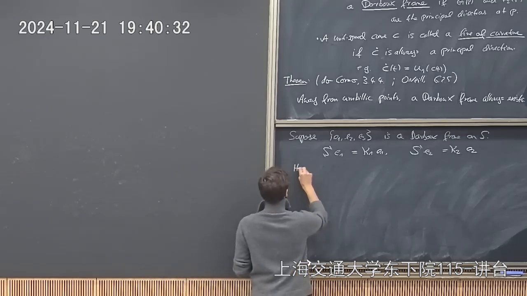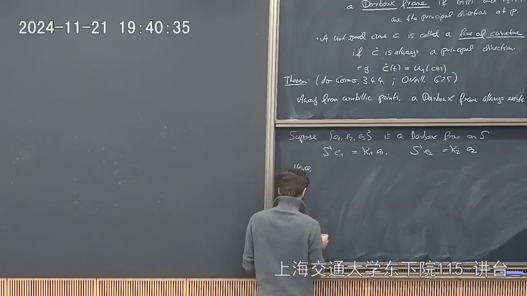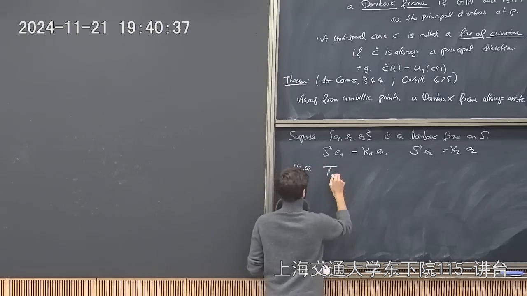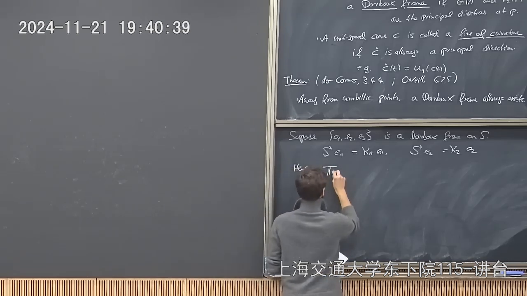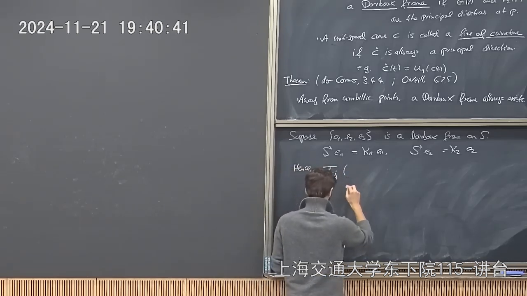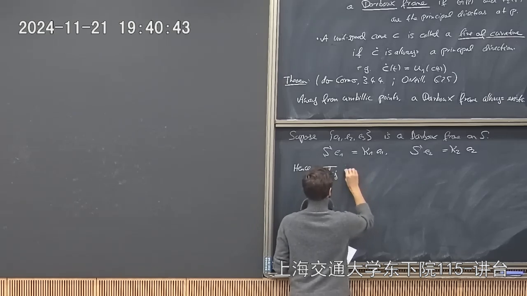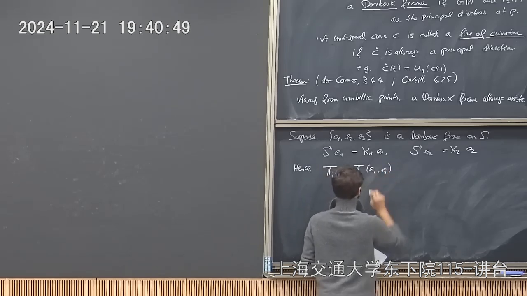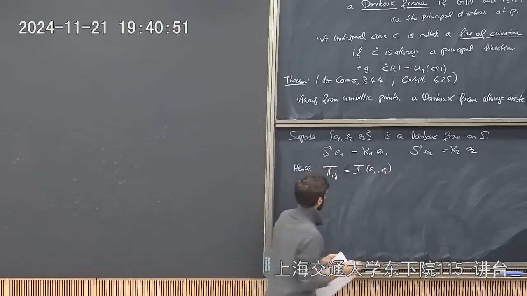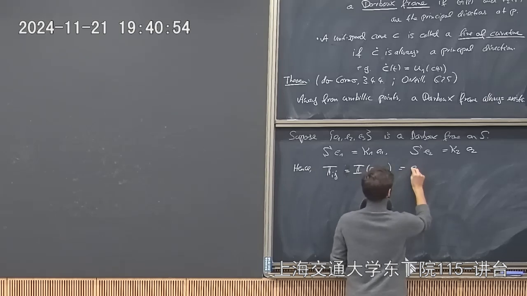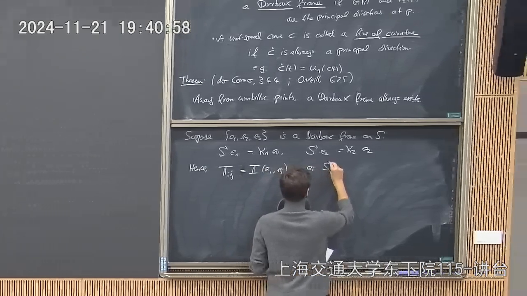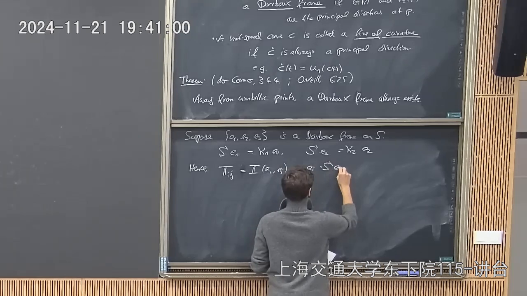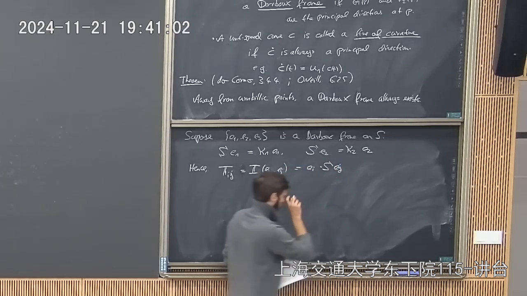So hence, if you calculate the fundamental matrix of the second fundamental form, so that's where we plug in Ei and Ej in the second form, what we get, which by definition is just Ei times the shape operator applied to Ej.